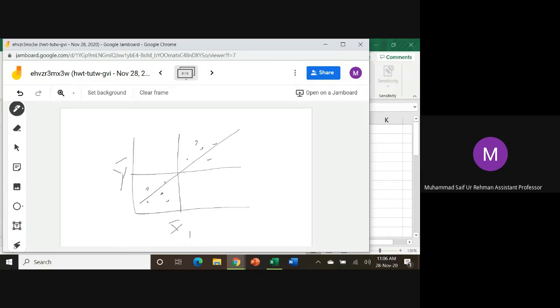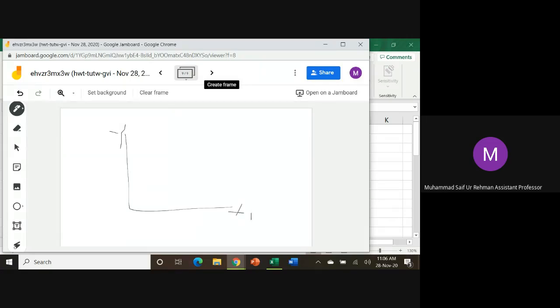If the situation is different, say this is y and this is x1, and you take the average values into account, and more dots are in the fourth quadrant and in the second quadrant, there will be a negative relationship between the variables.